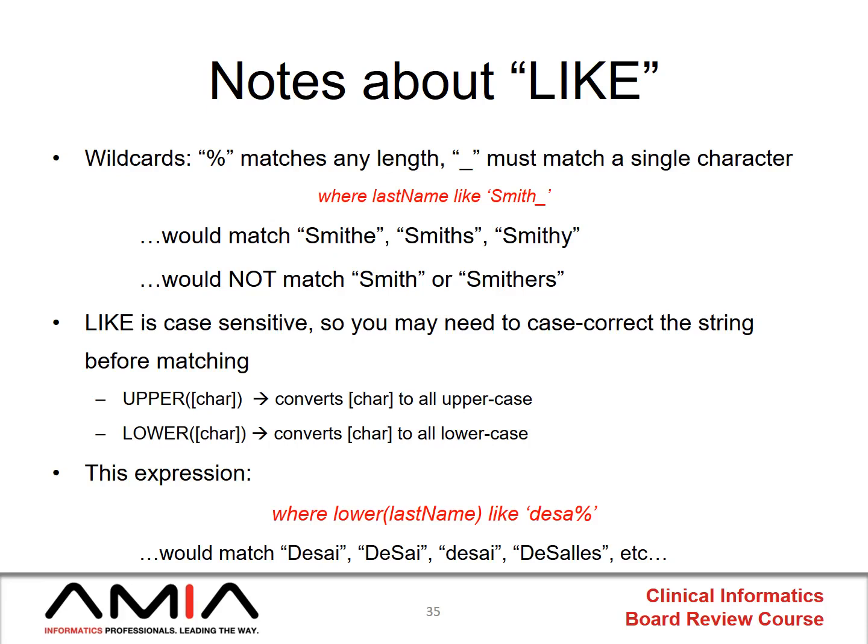Where lower last name is like single quotes desa %, single quotes, that would match my last name Desai, even if you capitalize the S or forgot to capitalize the D. It would match Desal because it's any number of characters that follows the A as specified by the % and so on. So lots of potential matches for that. So that's just a couple of variations on the like clause.